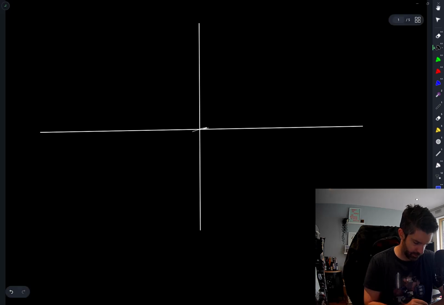When x approaches 0, that exponential goes to negative infinity. So we have a horizontal tangent at the origin. How do I draw this?